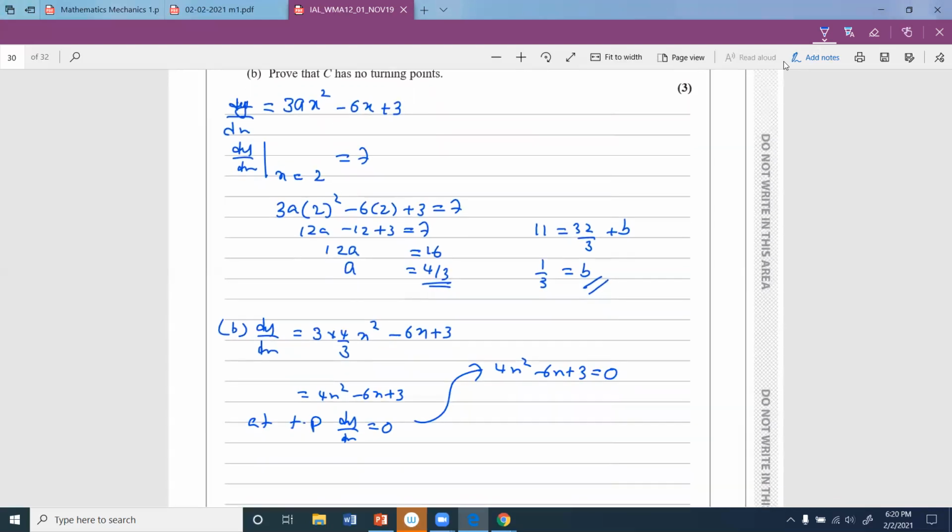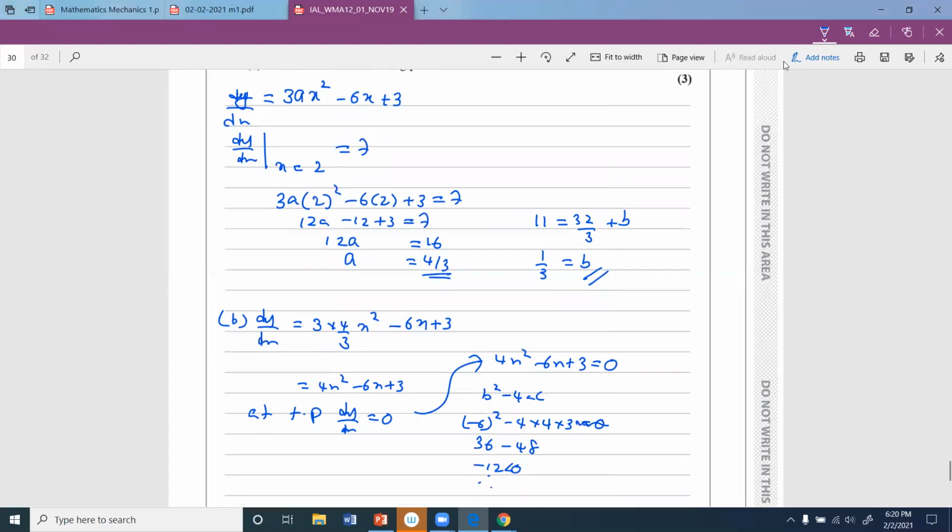So if you get b squared minus 4ac, you can prove that minus 6 squared minus 4 into 4 into 3. Sorry, this bit. So if you get it, 36 minus 48, it's minus 12. Minus 12 is less than 0.